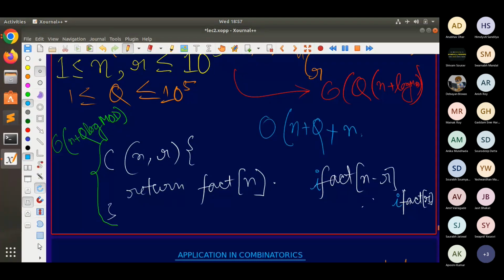Okay. Yeah, this is not incorrect. But do you really need this n when you are having this n log mod? So this would simply be q plus n log mod, right?